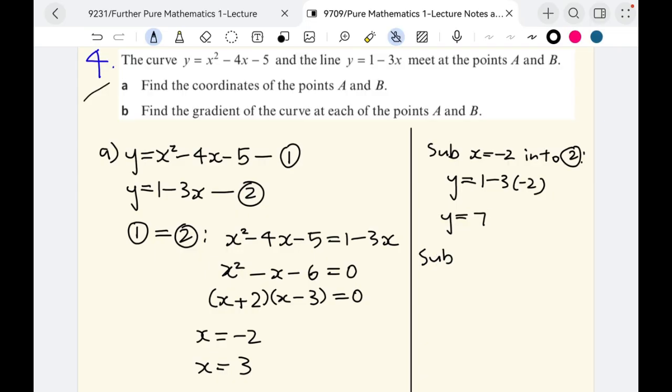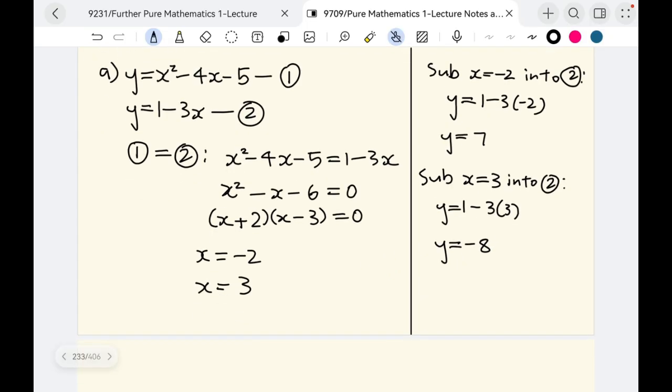Okay, and do the same for x equals 3, which gives -8. So the coordinates that we obtain are (-2, 7) and (3, -8).